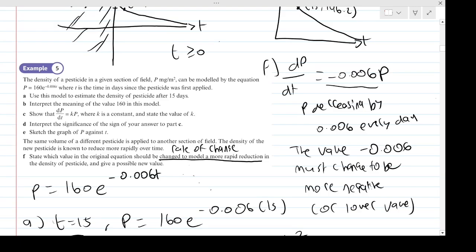Because remember, lower value means you're going more negative. If you think about a number line, the lower you go, the more negative you go. So it's the same thing. So the value is more negative, which means it's decreasing by more every day. So it would be a more rapid decline by changing that value. Okay, cool. Hopefully that made sense.